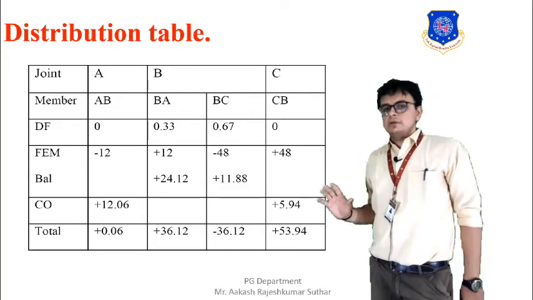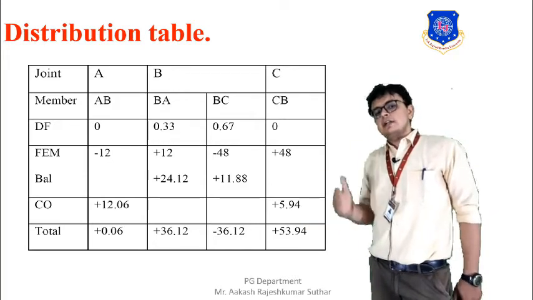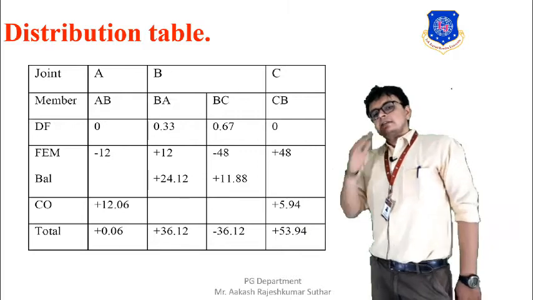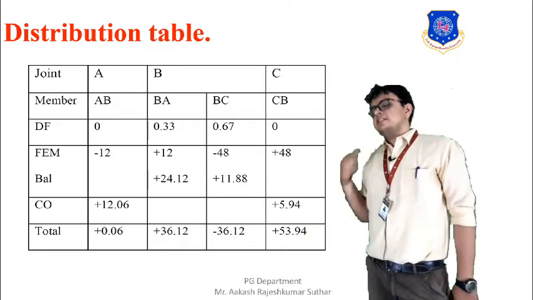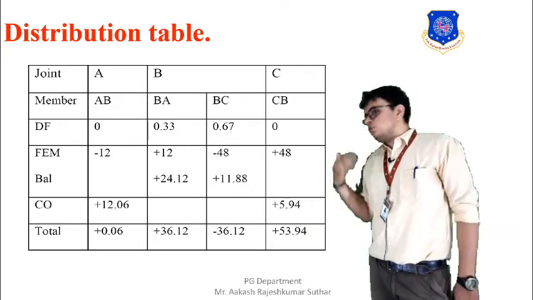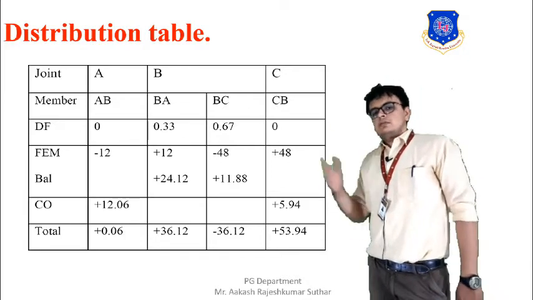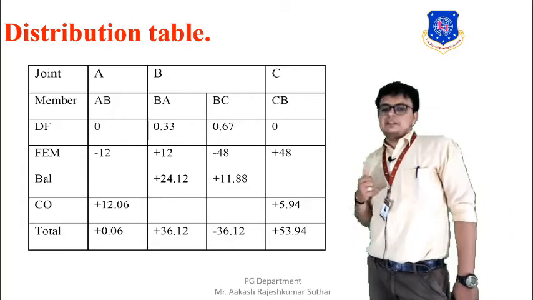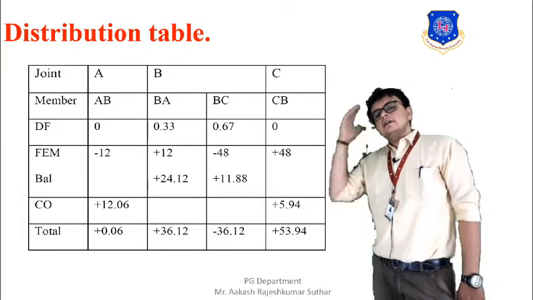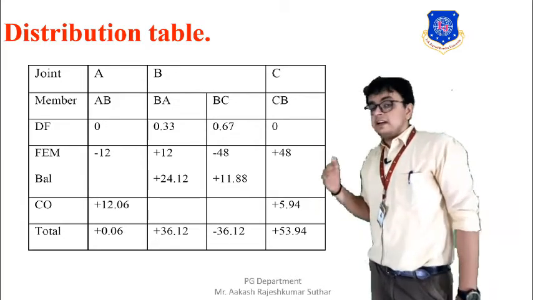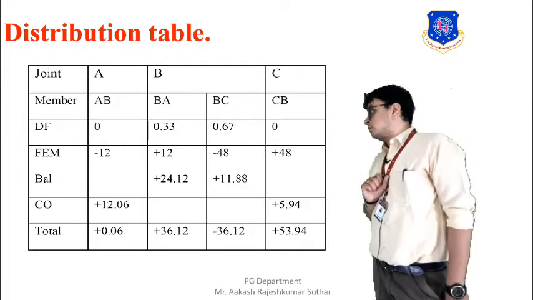So now it's over. Now we have to calculate all the moments, from fixed end moment to balancing and to carryover. All the moments that we are getting, we have to add for all the members. And if we find a negative, subtraction will also take place.